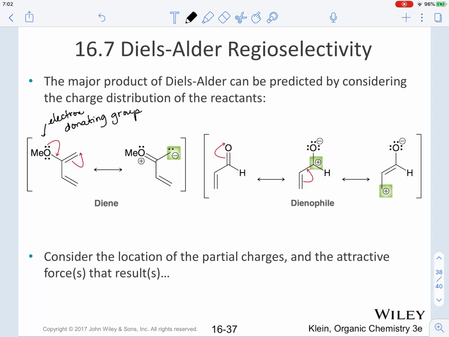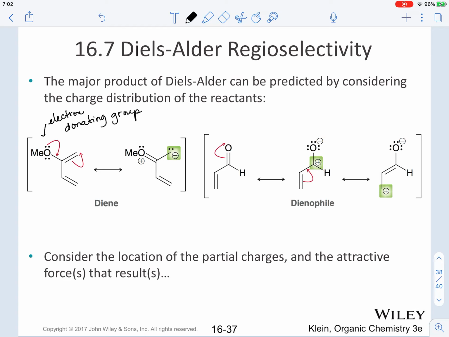In addition to that, we can suggest another resonance structure in which the carbon-carbon double bond forms a double bond closer to the oxygen that is negative, and the carbon atom at the bottom is the one that gets positively charged.